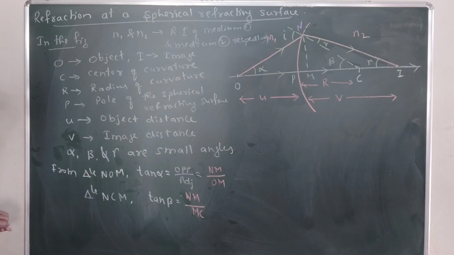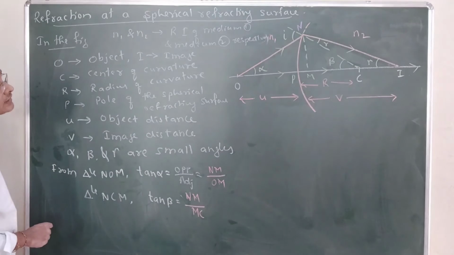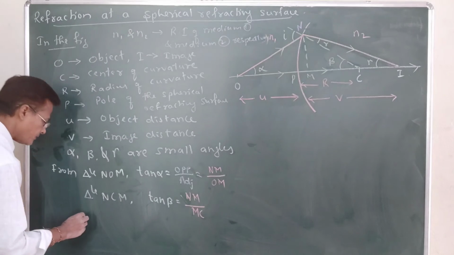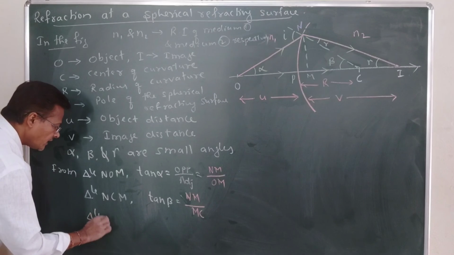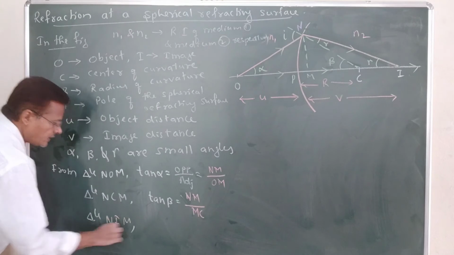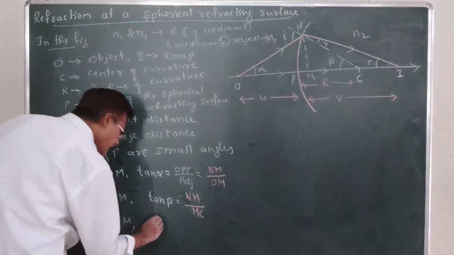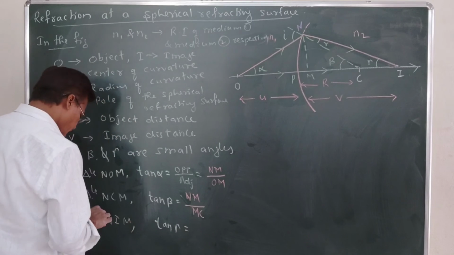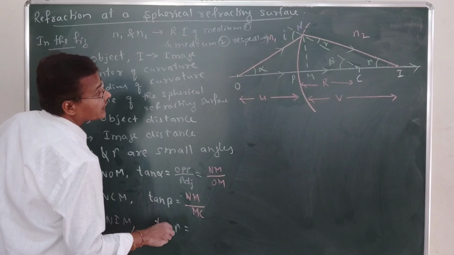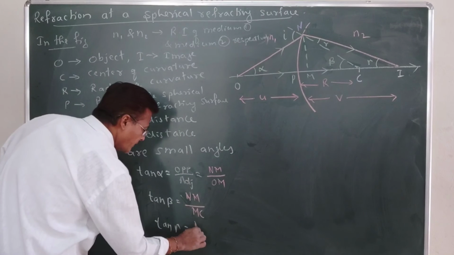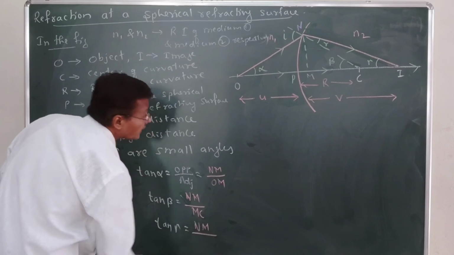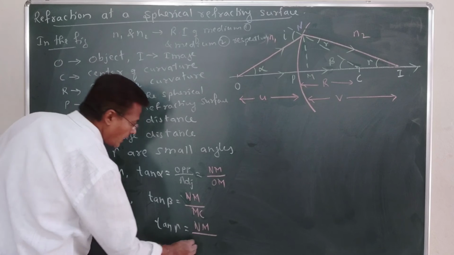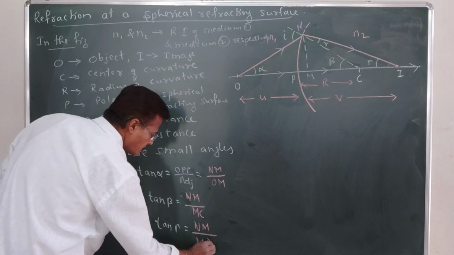Similarly, from triangle NIM, tan gamma equals opposite NM divided by adjacent MI.